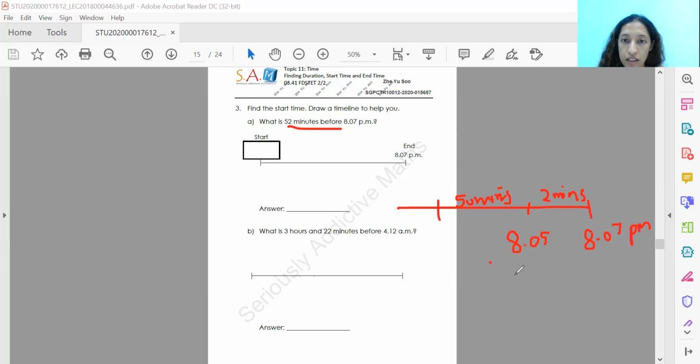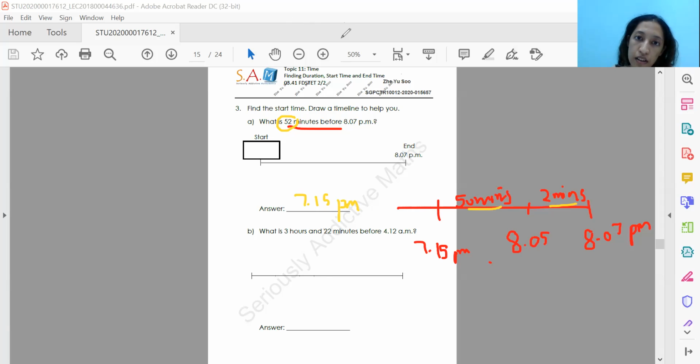So here would be 7:15 p.m. And then we look here. 2 minutes plus 50 minutes would add up to 52 minutes? Yes, it would. So it would be 7:15. All right. Okay, so that is how we work backwards. So let us do one more.